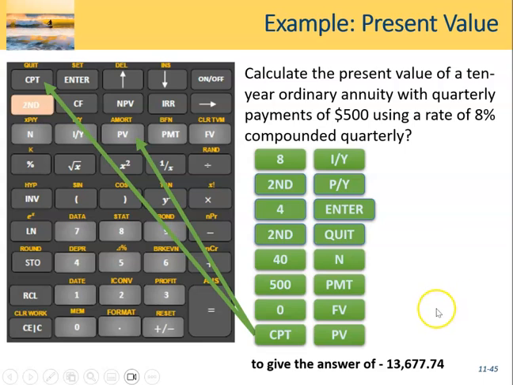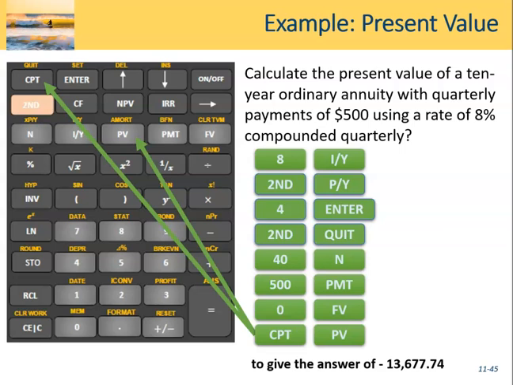And that's going to give us an answer, a present value of negative 13,677.74.